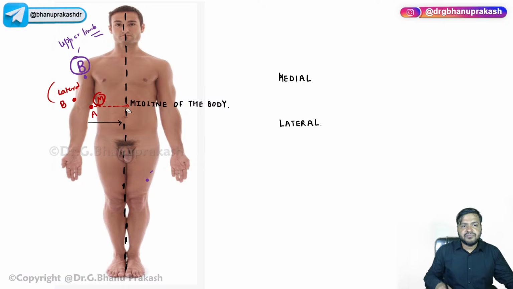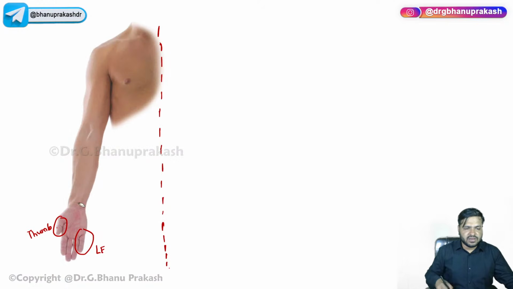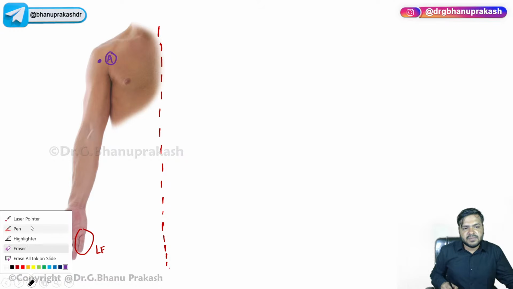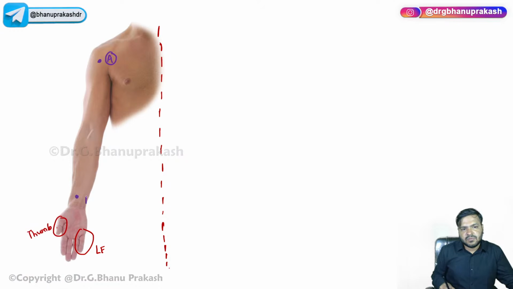Now let me take the next example, guys. Over here, I'm taking only one limb, with point A and point B. They are on the same limb. Now you are going to tell me which point is proximal and which is distal.